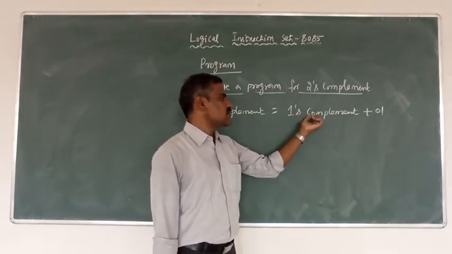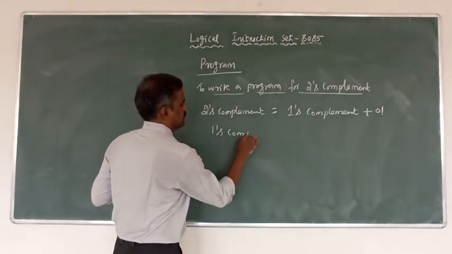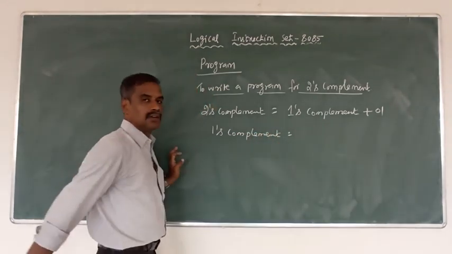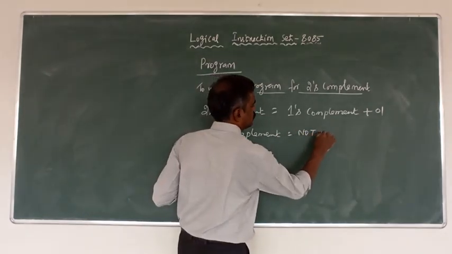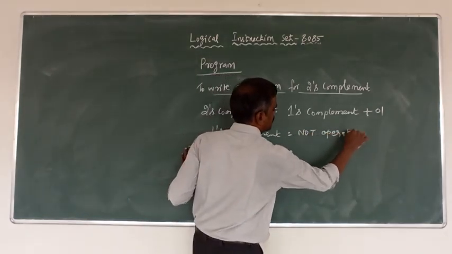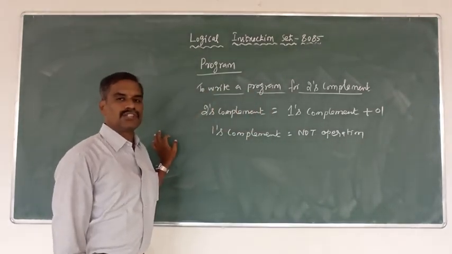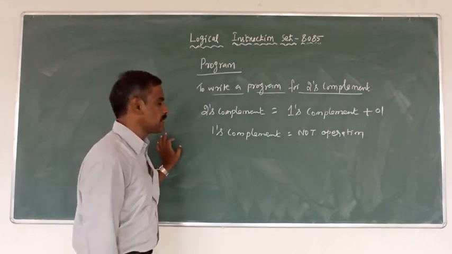Here the ones complement means what? Here the ones complement is nothing but not operation. Ones complement means 0 changes into 1 and 1 changes into 0. Okay?